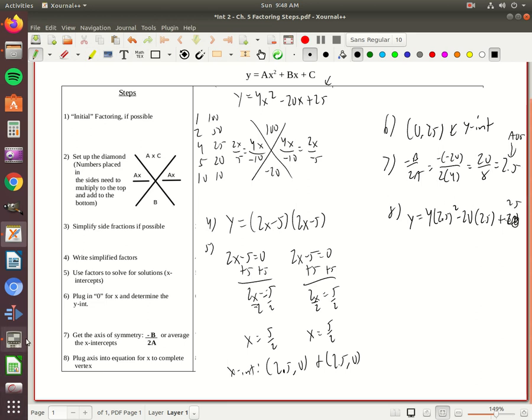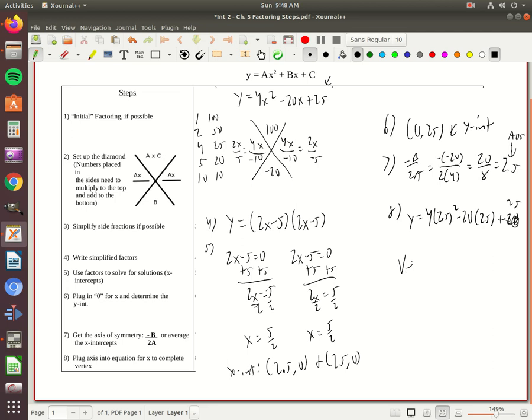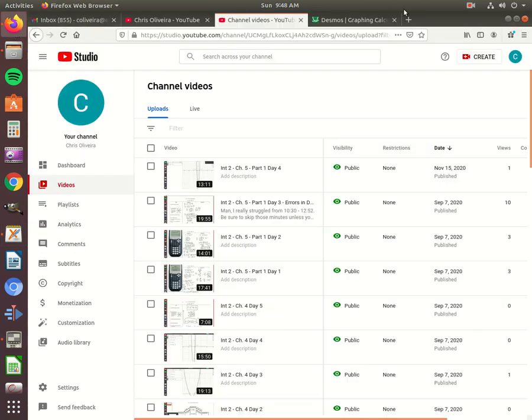So when I go into the calculator, this should have been 4 parentheses 2.5 squared minus 20 times 2.5 plus 25, not plus 20, and we would get 0, which is definitely what I expected to see there. So that was a little bit frustrating, but at least we have it solved now. So we have a vertex of (2.5, 0). So if we go ahead and look over here, we can see what's going to happen.